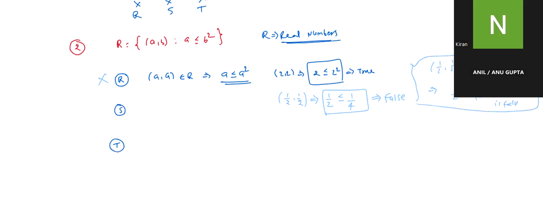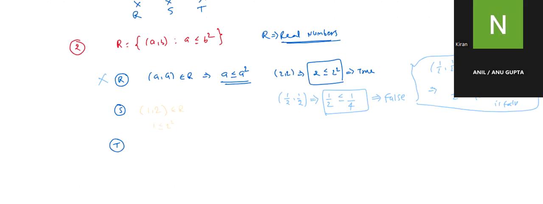Okay, symmetric. For symmetric, you have to give a counter example to prove it false. If we take (1, 2), it belongs to R. Is it true? 1 is less than 2 square, yes, 1 is less than 4.